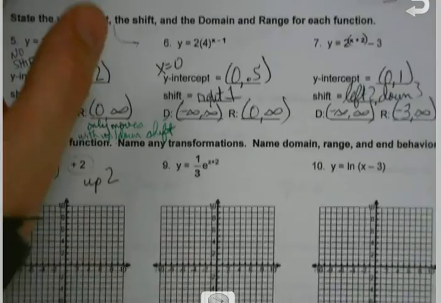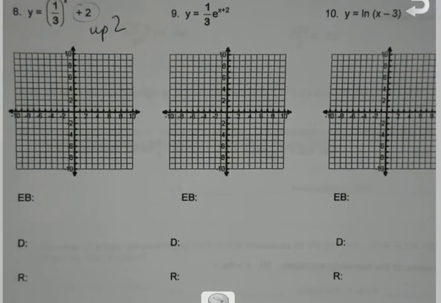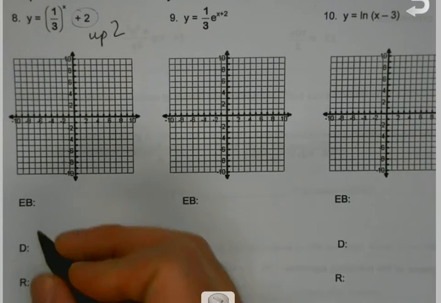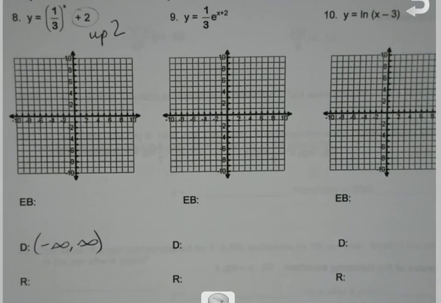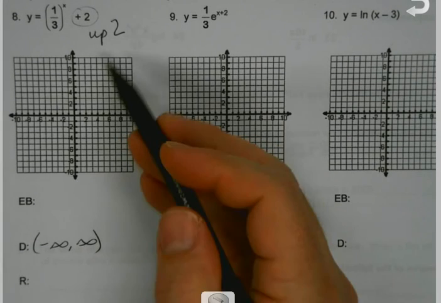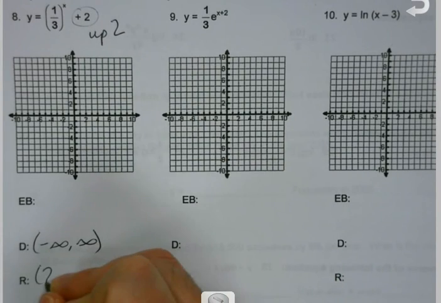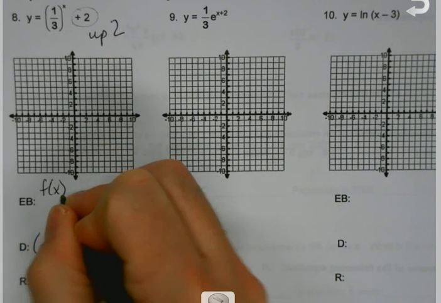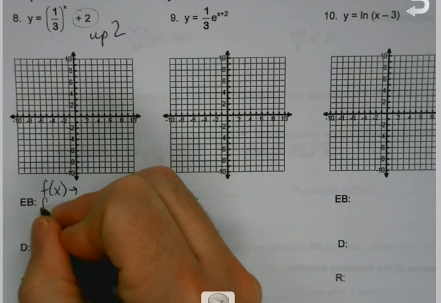Now I would hope at this point, especially if you'd flown through those ones up above, that the domain and range part for this one at least would be easy. Because again, we're looking at a classic growth and decay, so -infinity to infinity. I had an up-down shift. I went up 2, so my range went with it. And then again, end behavior is that f of x and x thing.